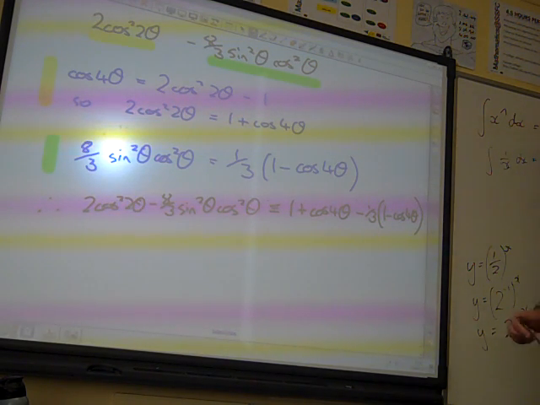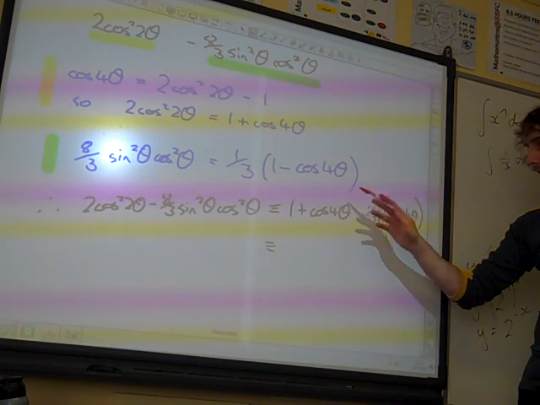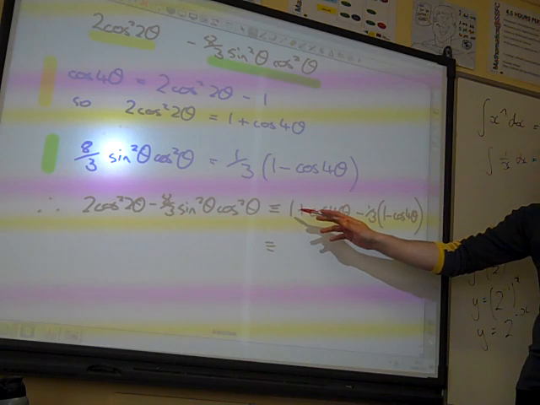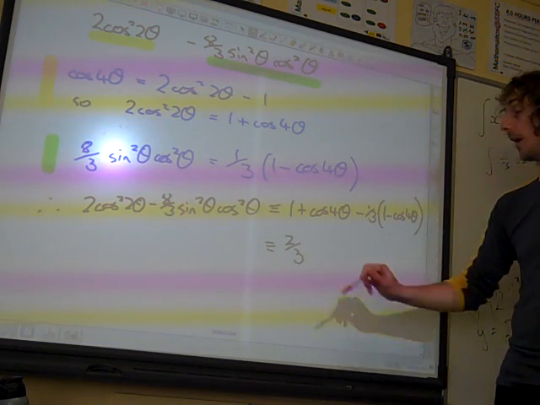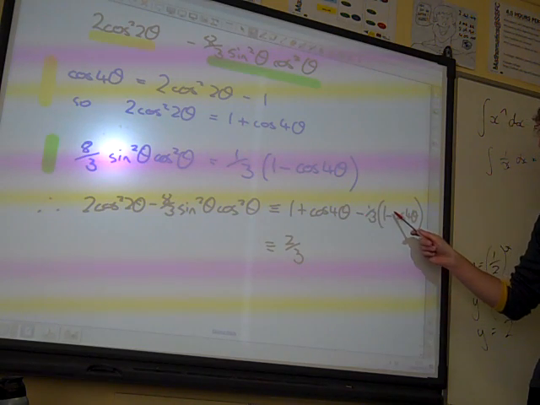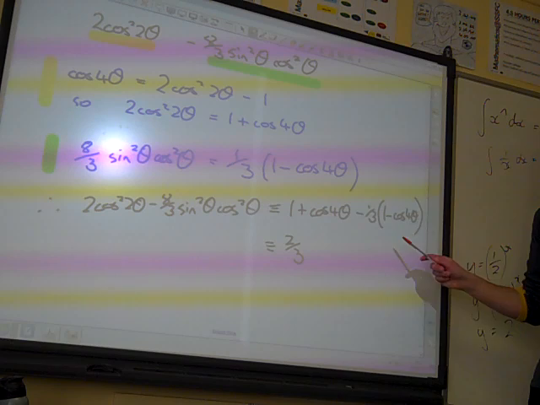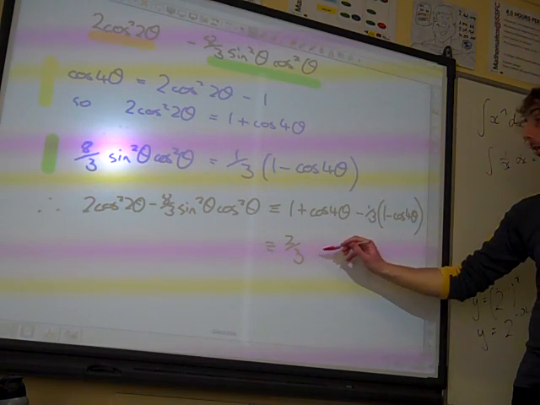We can tidy this up slightly. What have we got? We've got 1 there, take away 1/3. So we've got 2/3 there. We've got a cos 4 theta minus 1/3 times minus cos 4 theta. So cos 4 theta plus 1/3 of cos 4 theta.